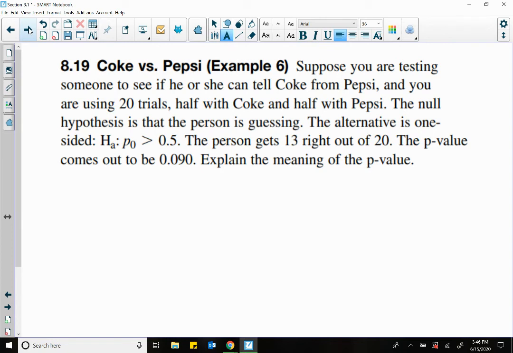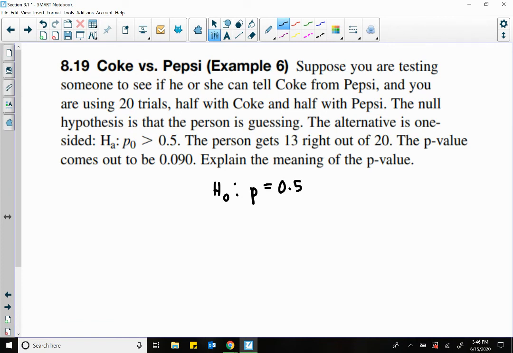If you're guessing, you get half Coke, half Pepsi, and you can obviously see the p right there. So that means that H naught is p equals 0.5.